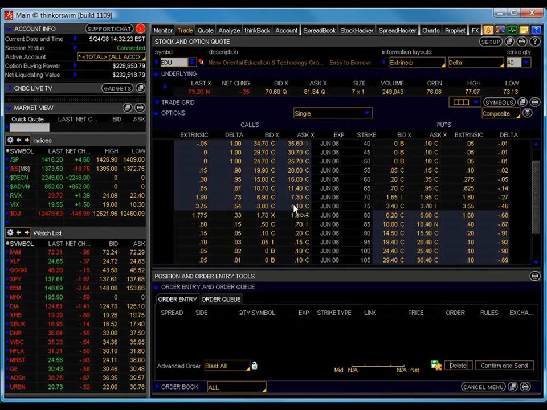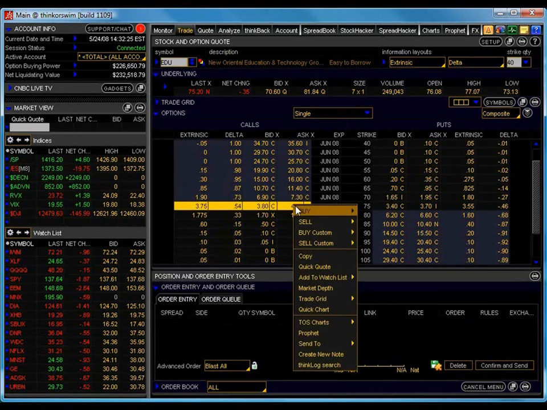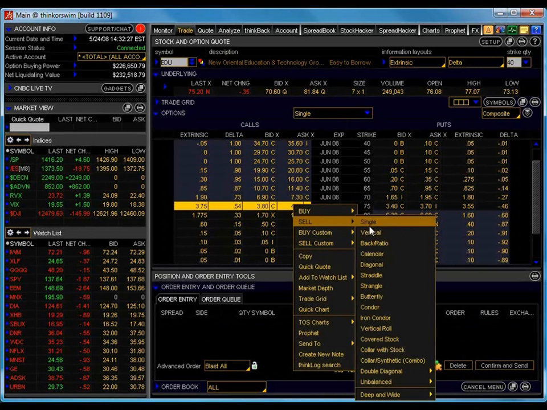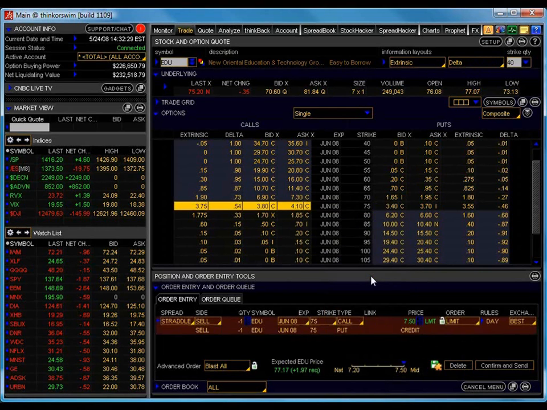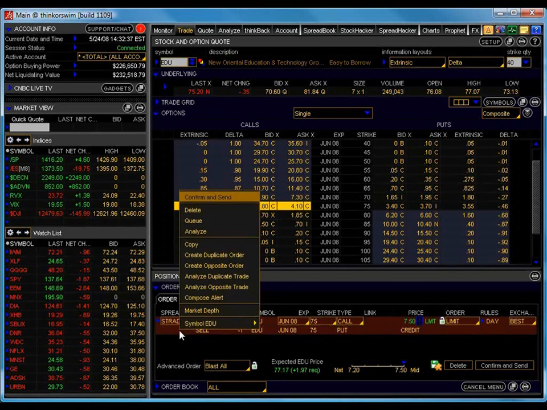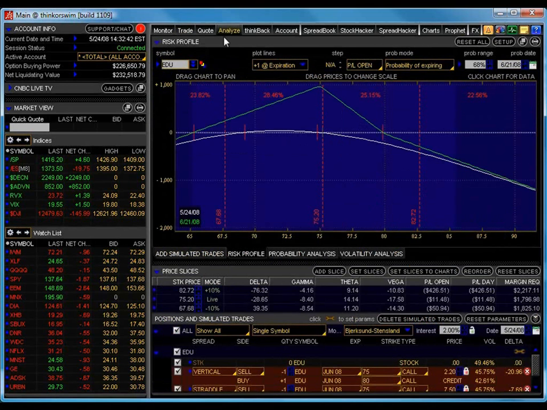If you put on a strategy like that, you could easily do it by going to sell straddle. And you can see that it once again gives us the mid price of $7.50. And if we took a look at a graph of this, let's analyze this as a duplicate trade and bring up our Analyze tab.